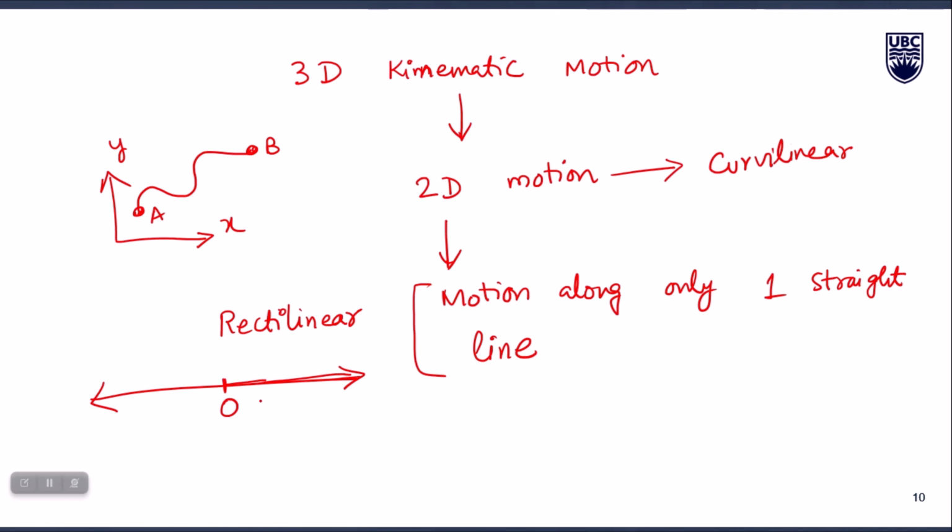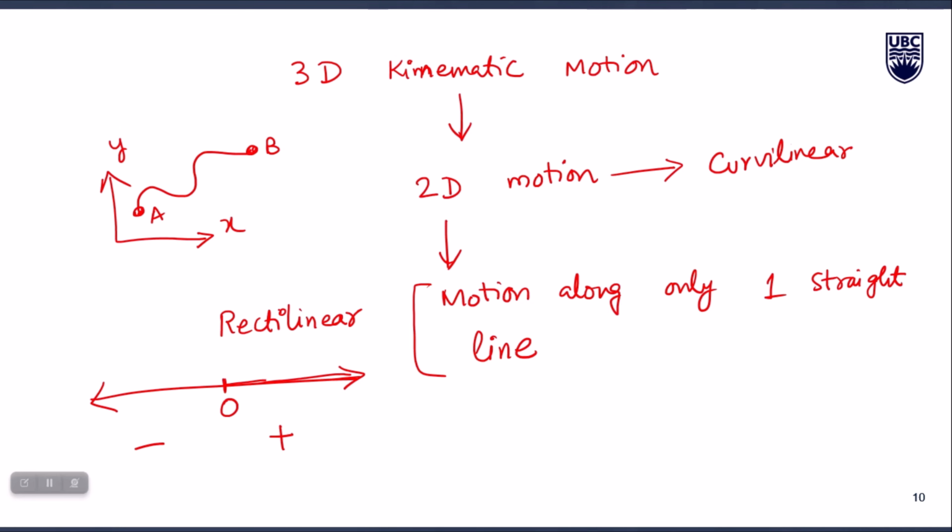So the direction of this rectilinear motion can only be towards right or towards left along the same line on which it can move, right? So we can have one origin and can call rightward motion, for example, as positive and leftward as negative, and therefore we will not be requiring vector notation to represent this motion, because vector notation will mainly be used when you have motion along both x and y.